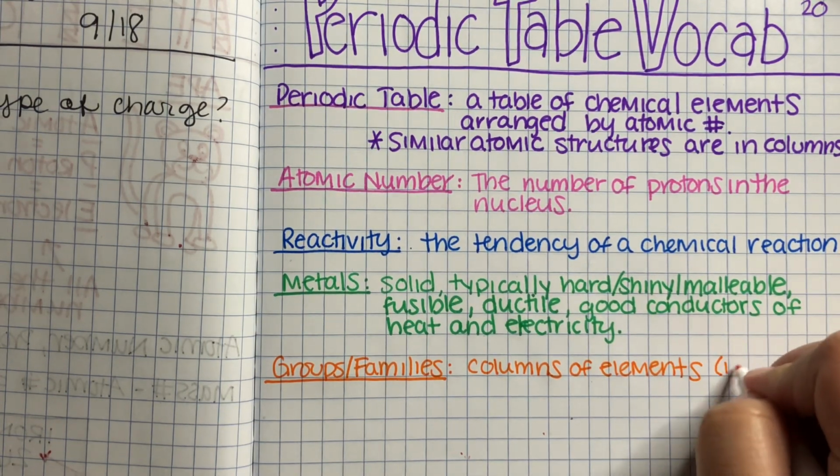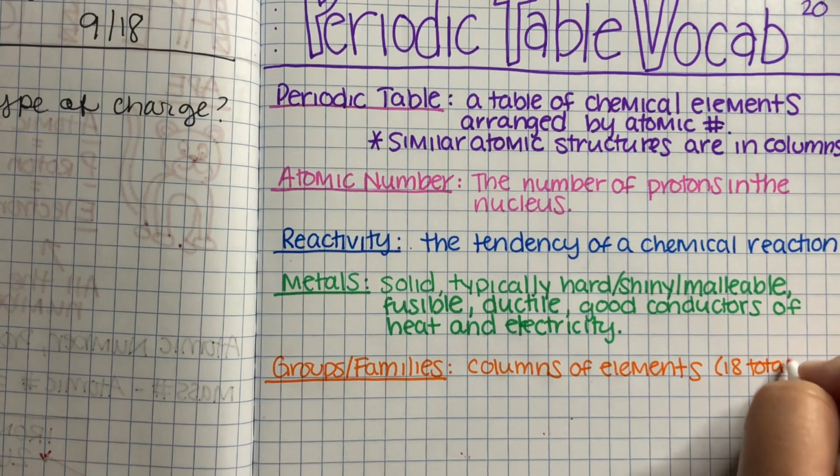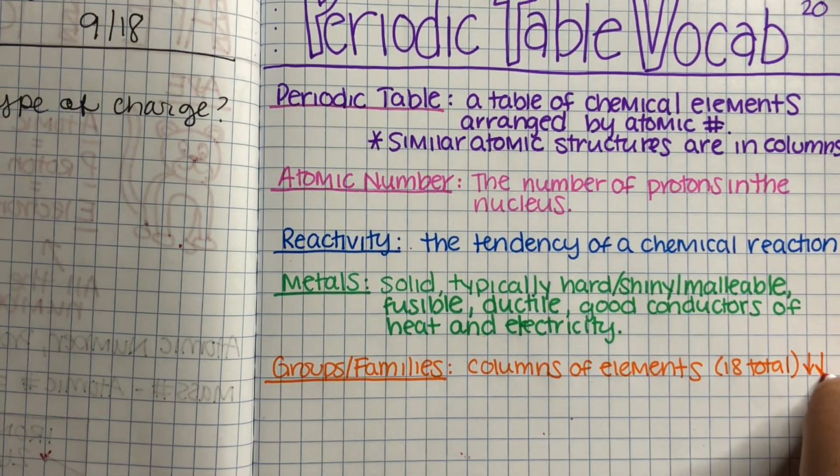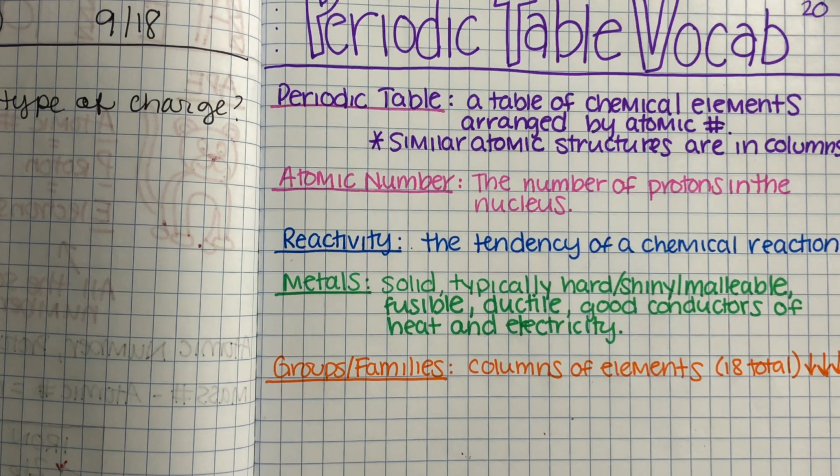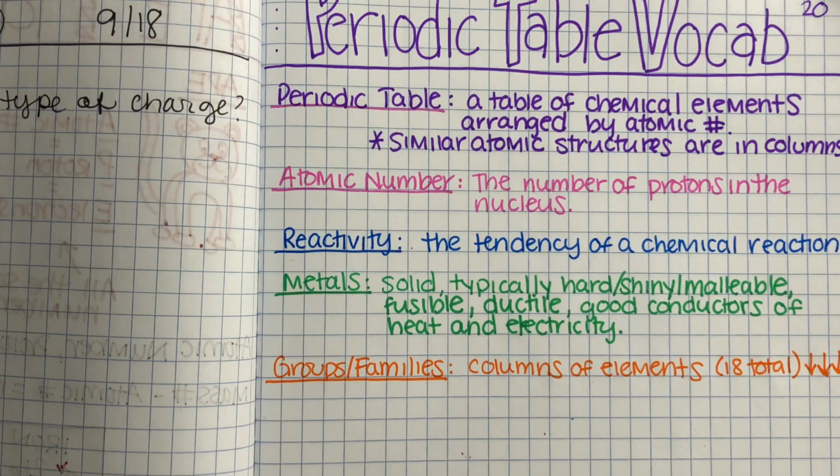And there are 18 of them total. And columns go up and down like that. Okay, and then in addition to that, we have periods, and those are the rows, so they go from left to right.